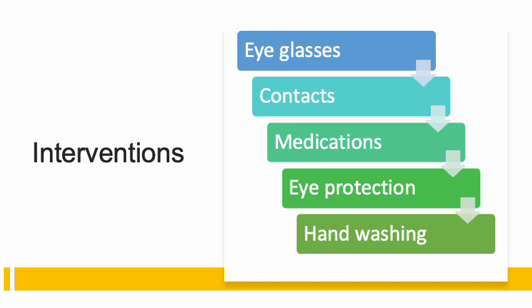We can take medications that can help the functioning of our eye, particularly if we need to lower the intraocular pressure because you're predisposed to glaucoma. Wearing eye protection protects the lens and the cornea, and hand washing ensures that we are not getting bacteria into the eyes causing infection.